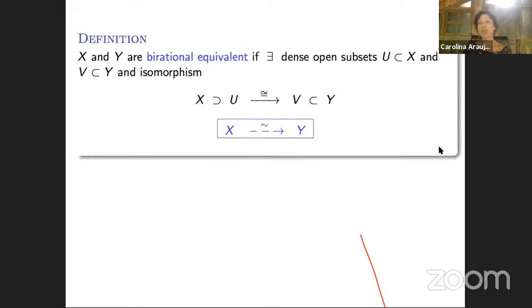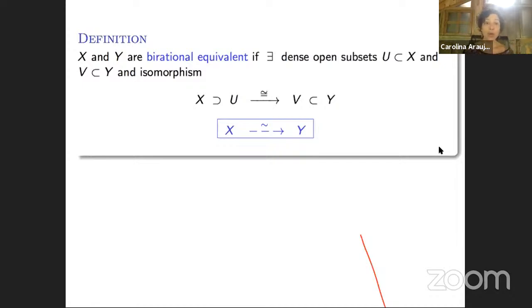And so what we do is, instead of classifying up to isomorphism, we are going to classify projective varieties up to a more coarse equivalence, which is the birational equivalence. So this is what I define now.